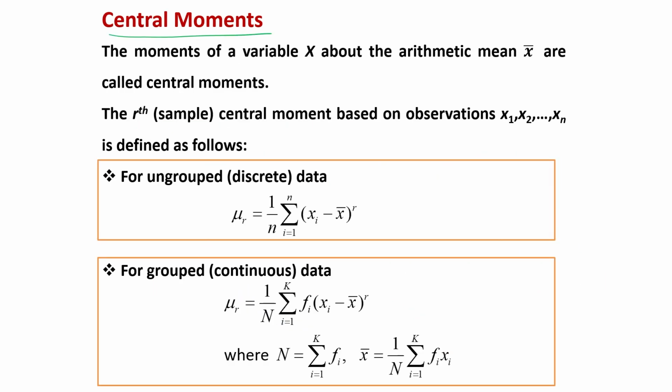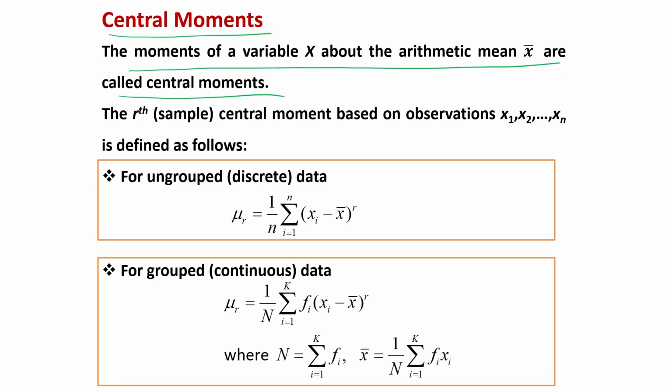Then you see what happened. When you try to use capital A equal to the sample arithmetic mean, then we get the central moments, right. So, the moment of a variable x about the arithmetic mean x bar, they are called central moments.